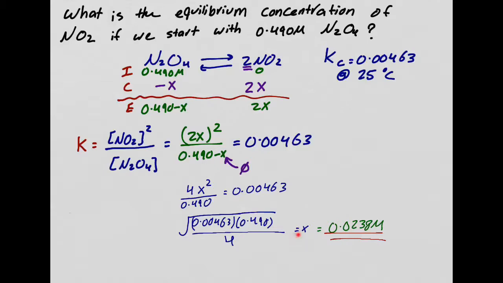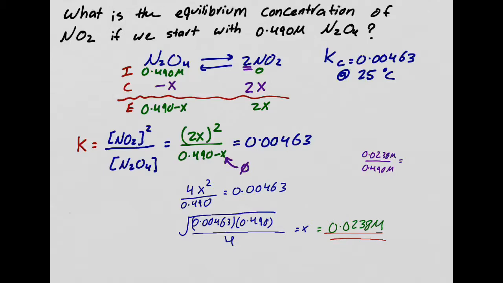So the x is 0.0238 molar, right? I started with 0.49 molar, and 0.0238 molar disappeared, right?